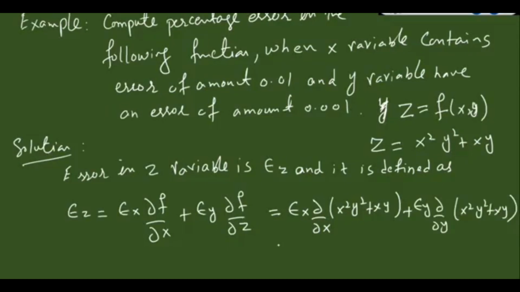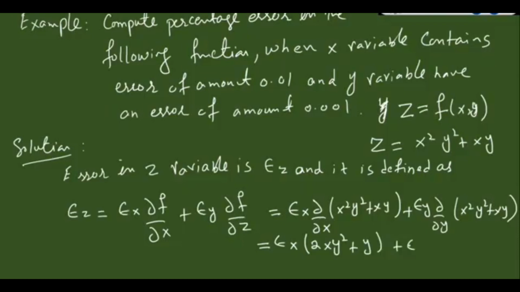So how do we do that? It's very simple, just compute these quantities. So partial derivative with respect to x, treating x as a variable and y as a constant. In this case the derivative would be 2xy square plus y.